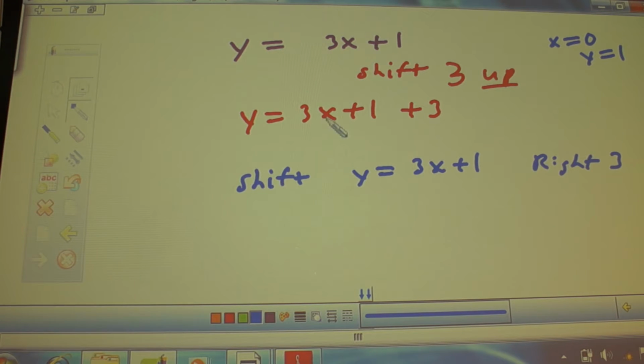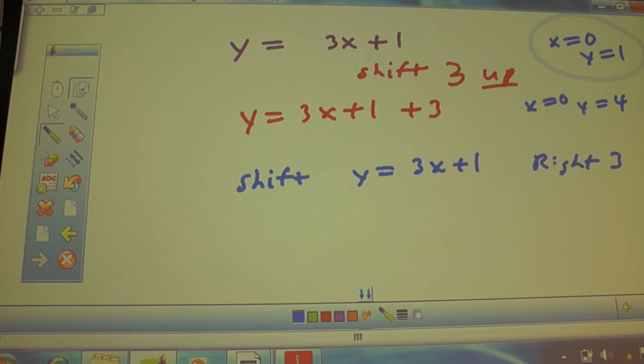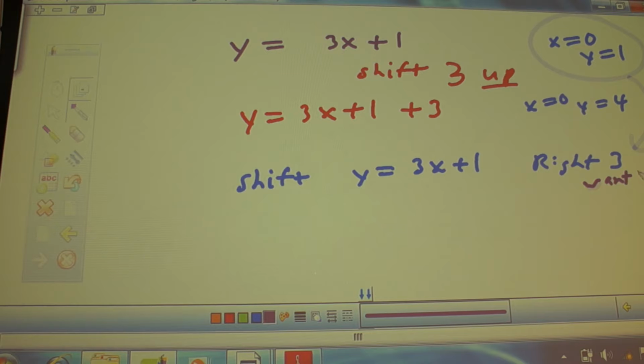So when x is 0, y is 4. Everybody kind of on board with that part? The problem is, here when x is 0 and y is 1, if I'm going to go right 3, I want x to be 3, and y to stay at 1. Kind of following me?